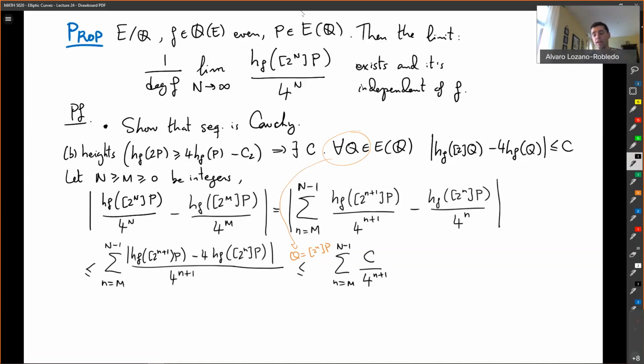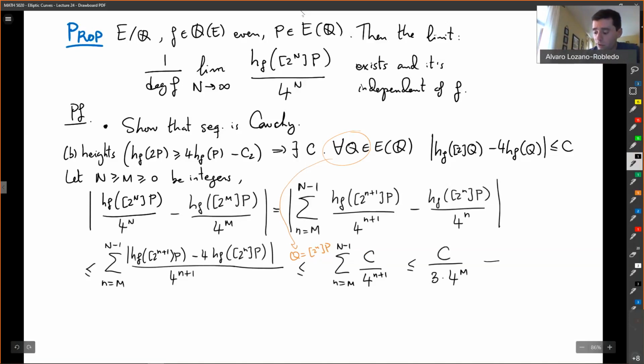And now this is a geometric sum. So just pull out the constant c as a common factor, do the sum, and this is less or equal to c over 4 to the m, if I did that correctly. But then as m grows large, regardless of what n is, this goes to 0.